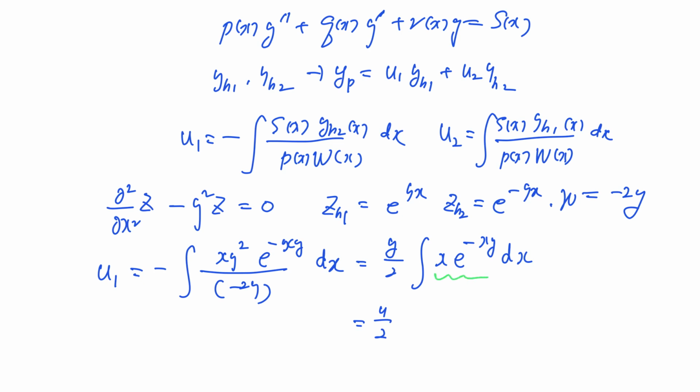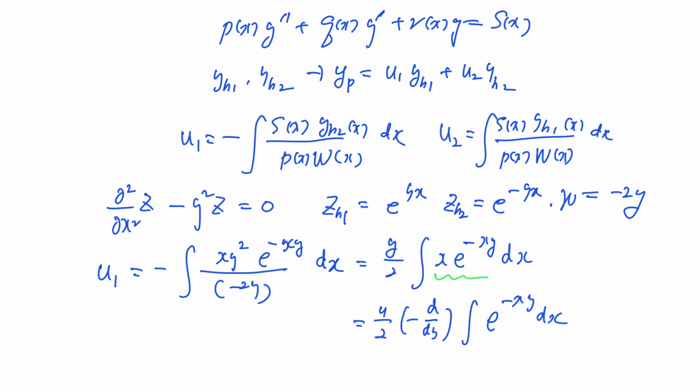This can be put into the following: minus d over dy, right? This is an integration about x, and you have x, right? Of course, you can integrate by parts, but you can see that if you differentiate by y, you get x, right?